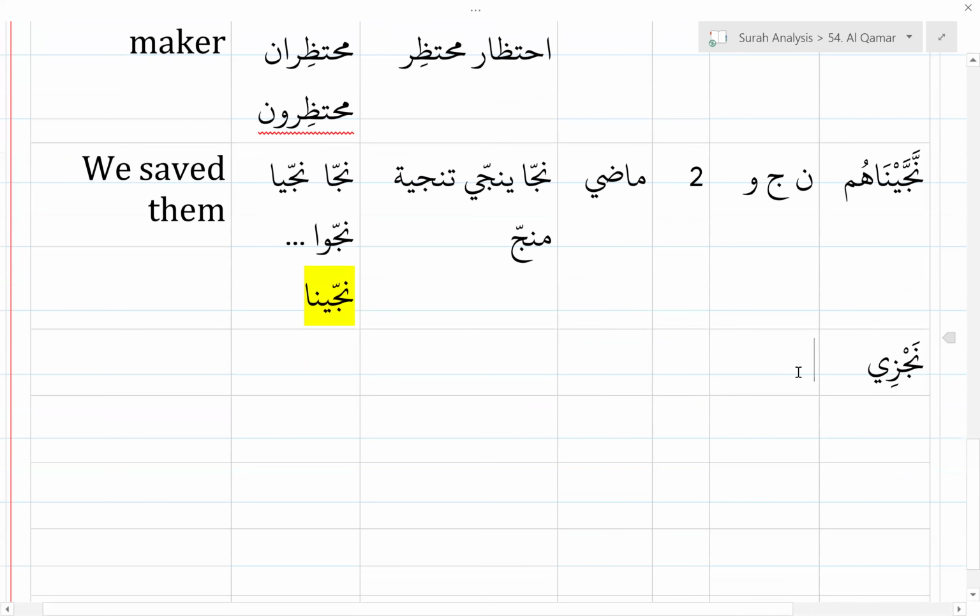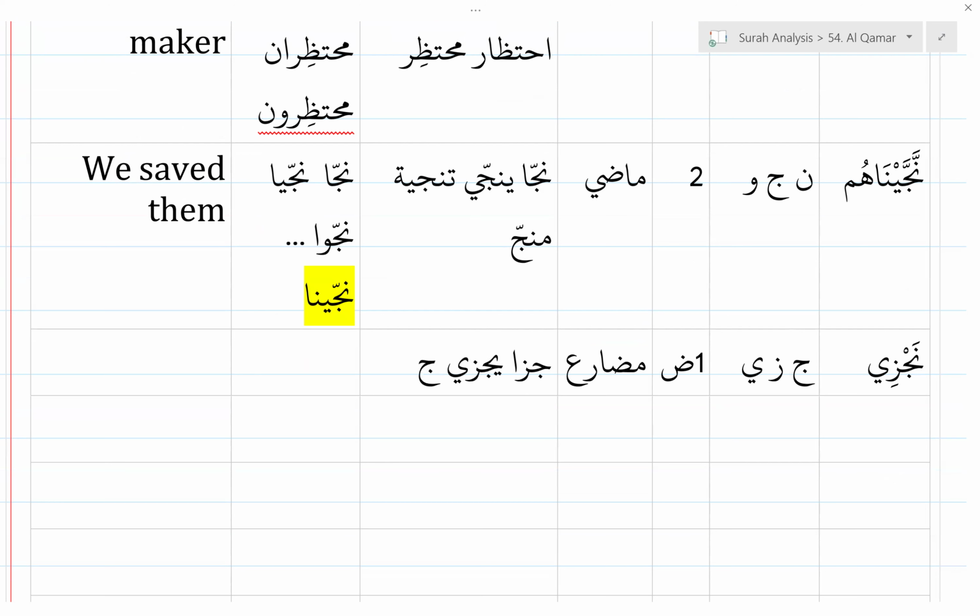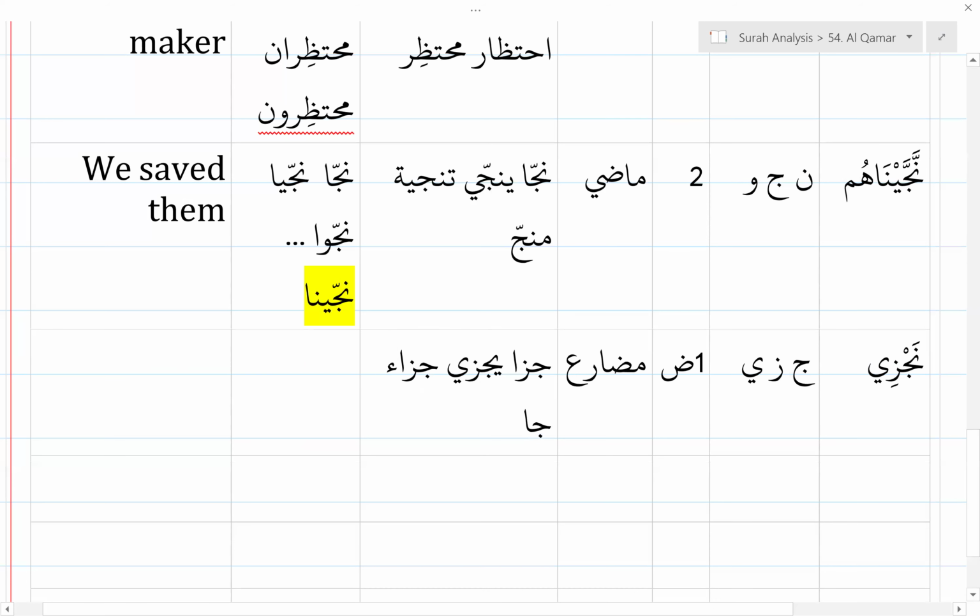And then نجزي. جزا. جيم زاي ياء, جزا يجزي. This is ضرب, family 1. جزا يجزي جزاء, وهو جازم.